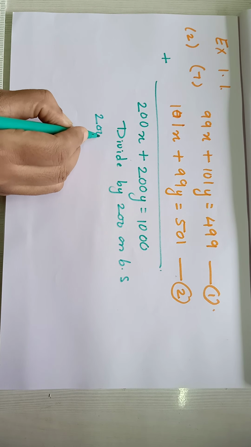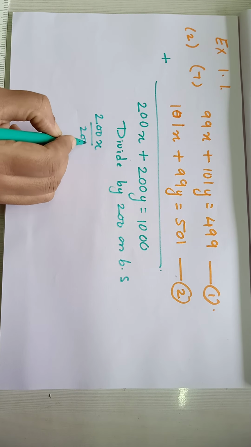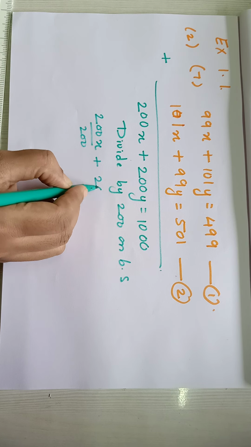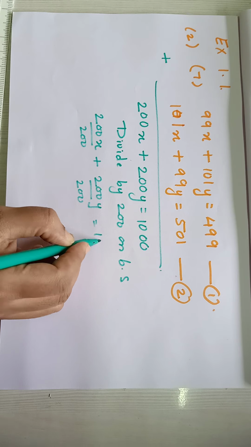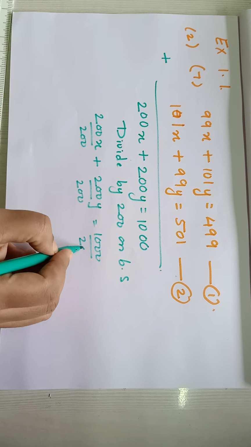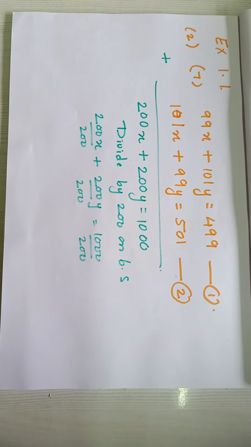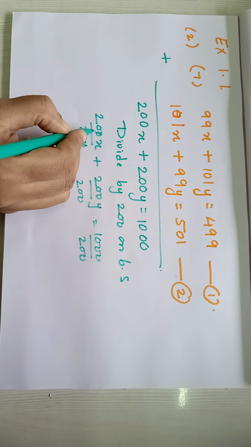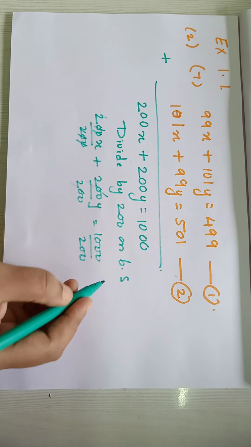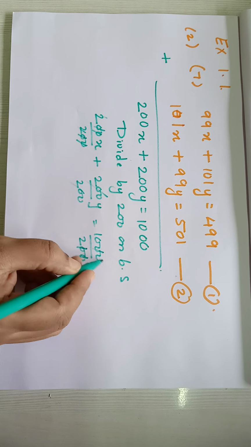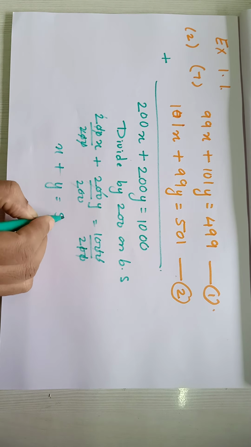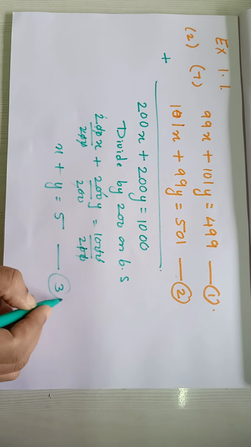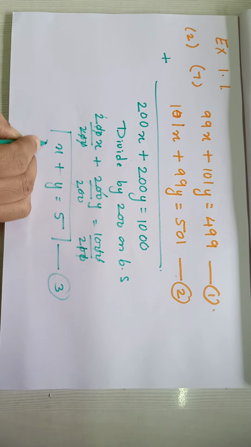So this will be 200x upon 200, 200y upon 200, 1000 upon 200. Ones are cancelled, and here 20 cancels. x plus y is equal to 5. This will be equation number 3. Put it in a box. Equation number 3.